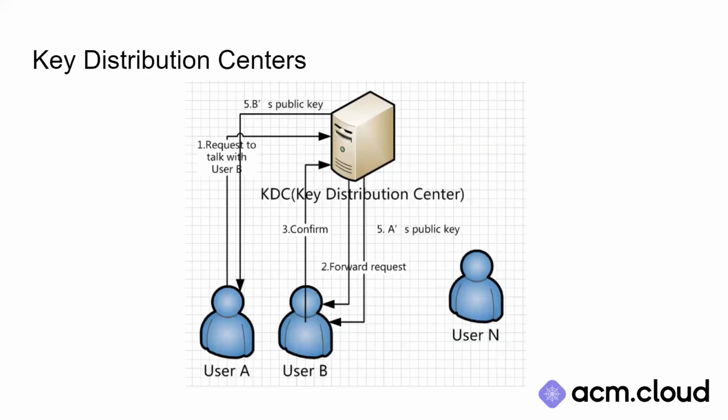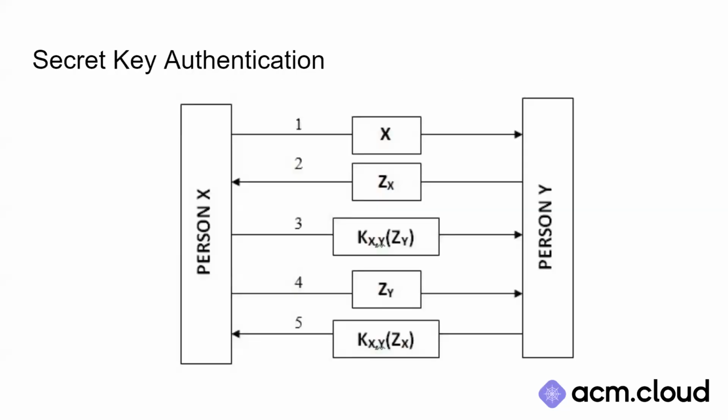Okay, next is key distribution. So you request the data, so that's X, the request, and person Y basically sends an encrypted number. Essentially it picks a random number, encrypts it with the public key, and then sends it over.